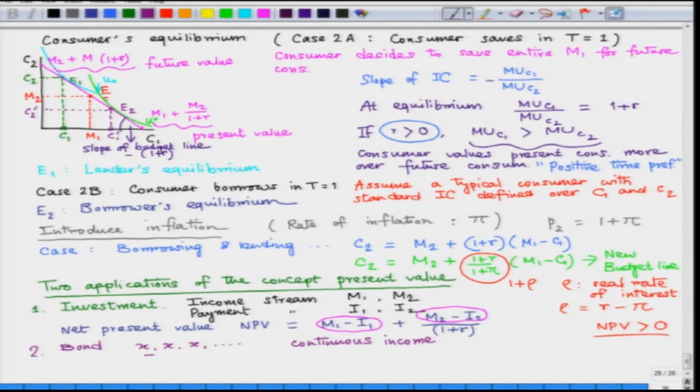At the maturity period of the bond, the person also gets the face value of the bond, right.